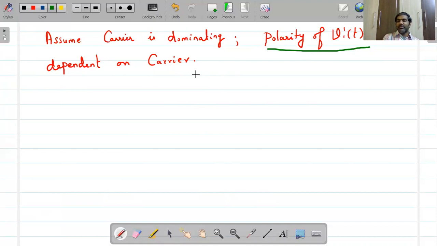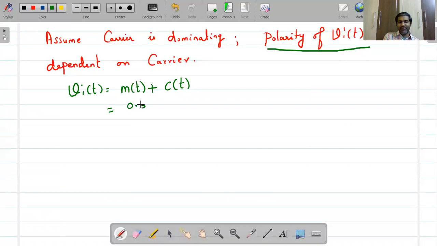So the input to your diode depends on the polarity of Va of t. Whereas this Va of t is dependent on what further? On your carrier signal, that is Ac. You know that Va of t is equal to m of t plus the carrier, so let me write the carrier as c of t. Now I will take four different conditions.